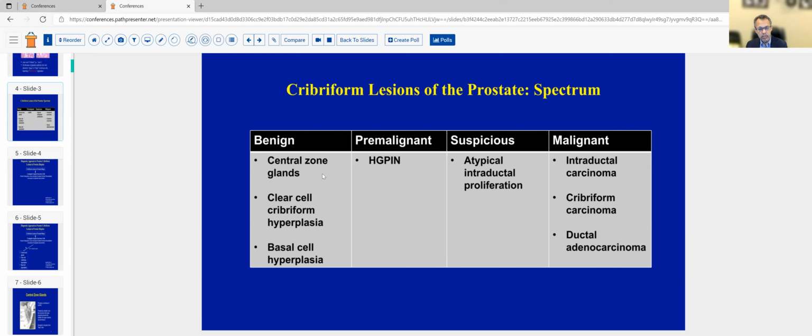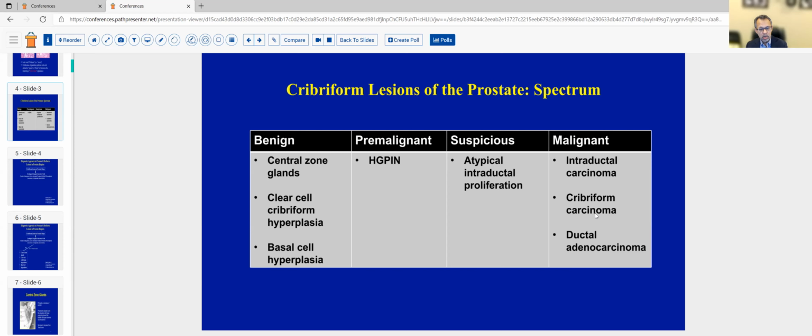Broadly speaking, the distinction of benign from the remaining spectrum relies on careful evaluation of cytological features of the secretory cells, while the distinction of intraductal processes from invasive processes relies on careful evaluation of the presence or absence of basal cells. But in real life, this distinction is often not that straightforward.